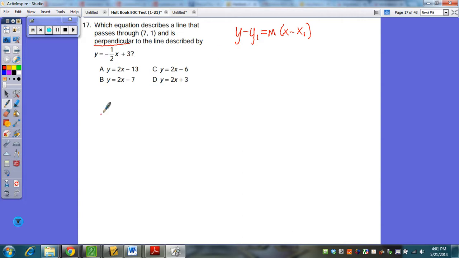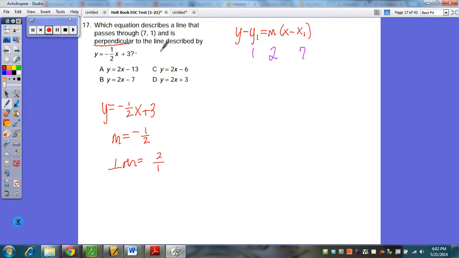So in my equation here, y equals negative 1/2 x plus 3. My slope is negative 1/2. To define the perpendicular slope, we flip the fraction and change the sign. So now I know that my slope is equal to 2, my x value is 7, and my y value is 1.